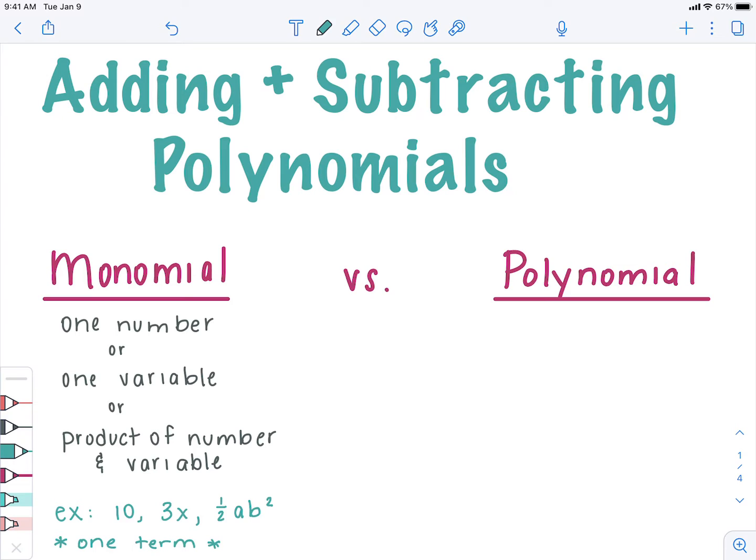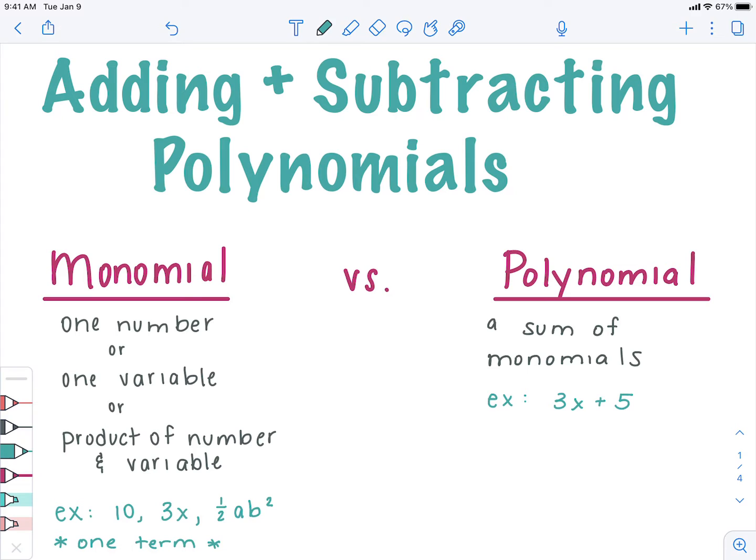Whereas a polynomial is a sum of monomials. So we can add or subtract a bunch of monomials together, and that gives us a polynomial. And these are things you're used to seeing. These are our expressions that we've been working with. They can be things like 3x plus 5, where I'm adding or I'm subtracting two things.